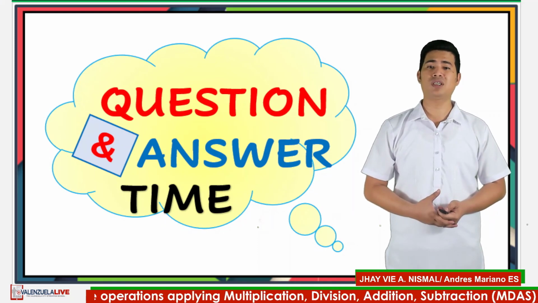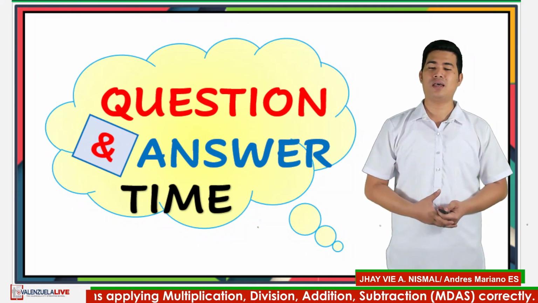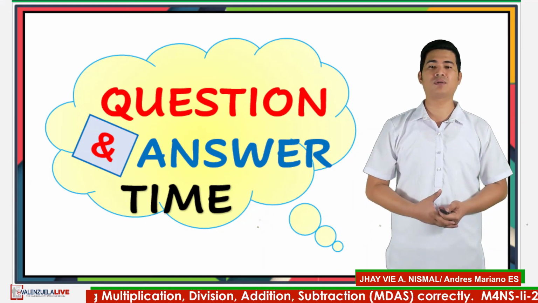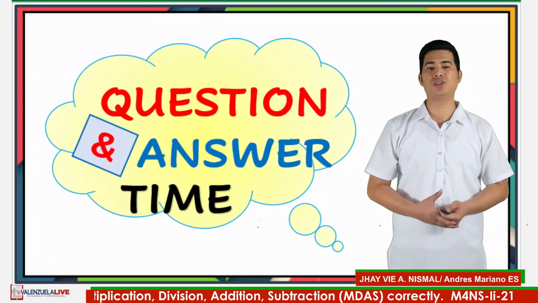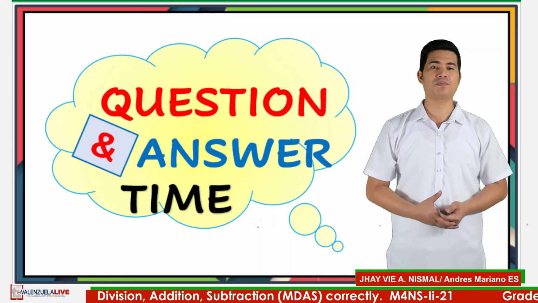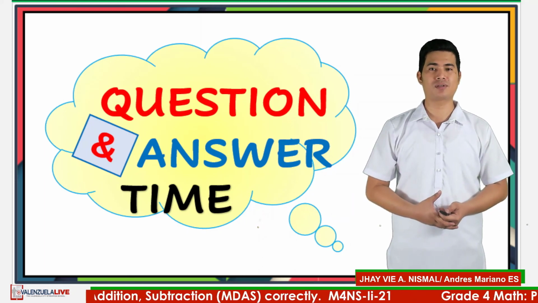If it is multiplication or division, perform it first. And if it is addition or subtraction, carry it out after performing multiplication or division. We cannot perform them both at the same time.